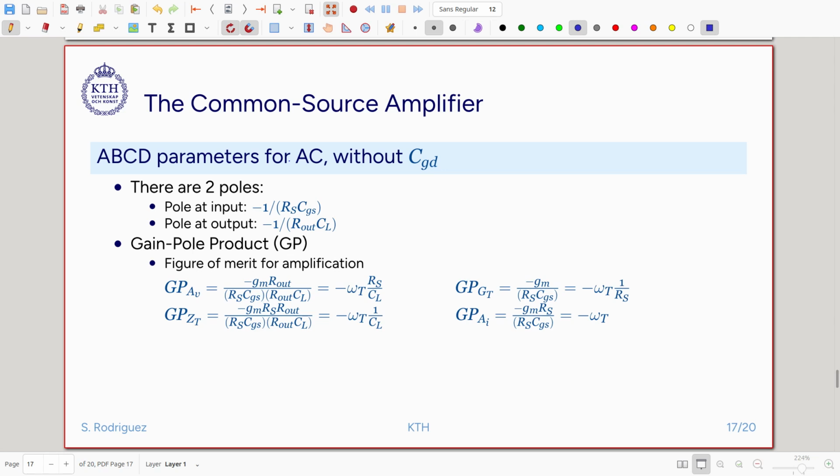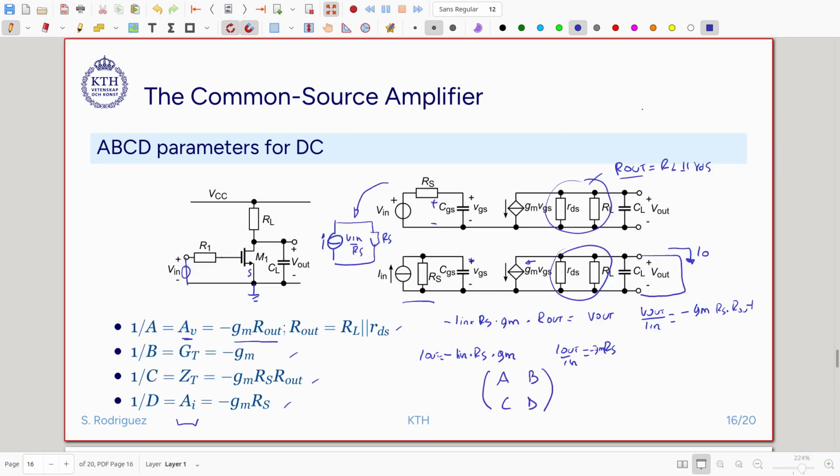Okay, now when we take into consideration the capacitance, we are going to start without CGD. Without CGD, we are going to assume our common source amplifier model here is a model without intrinsic capacitances and resistances.